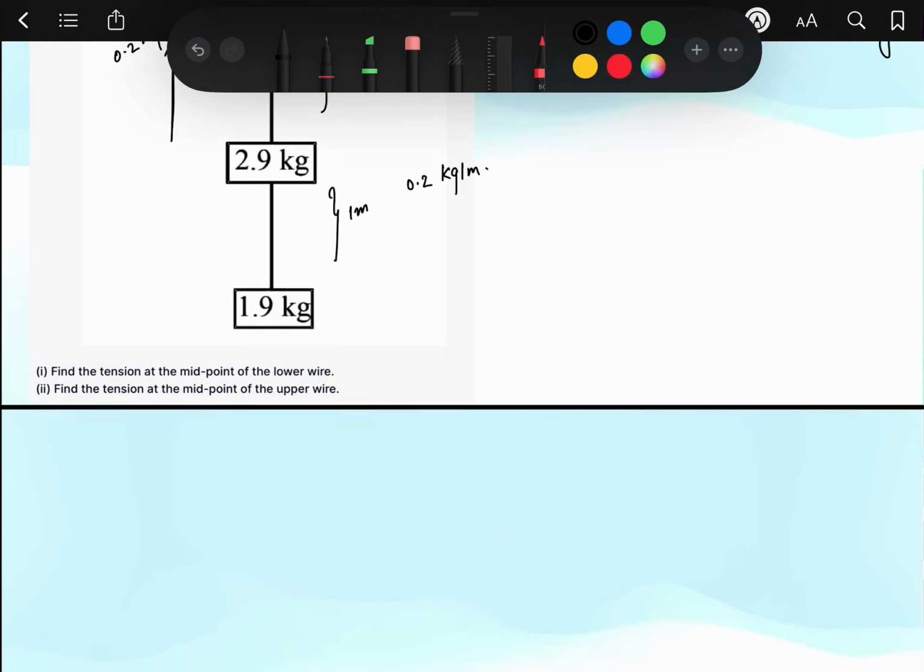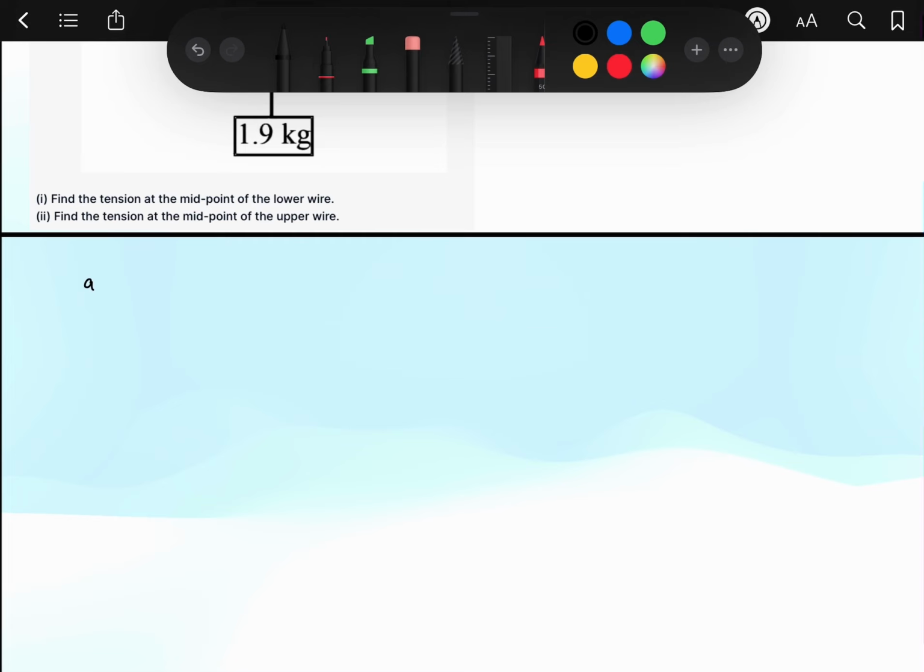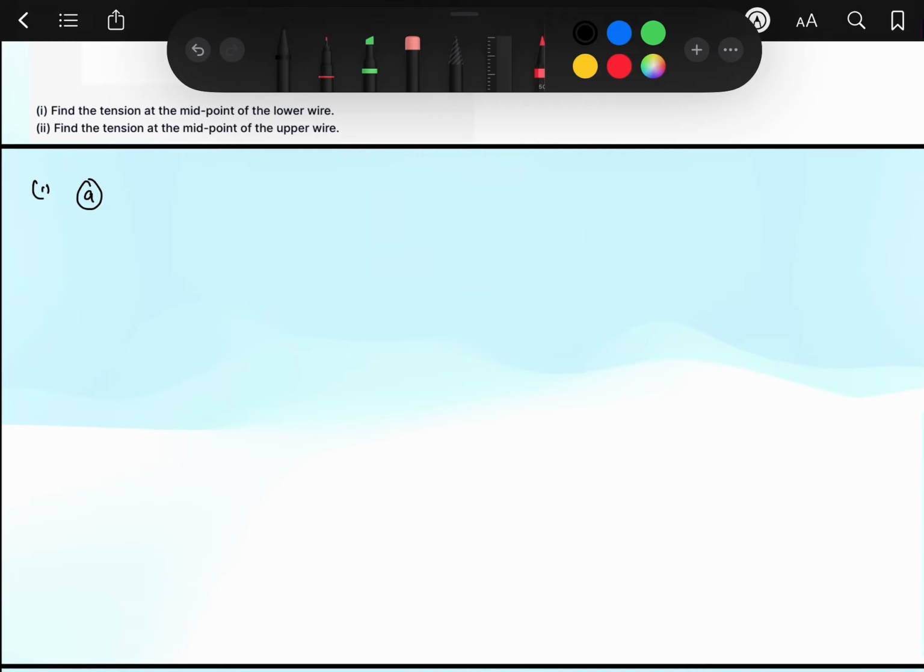So I will draw the diagram for the first part here.